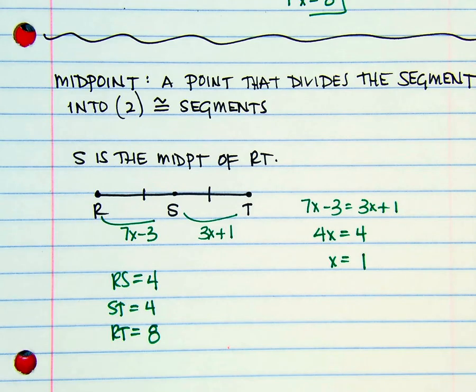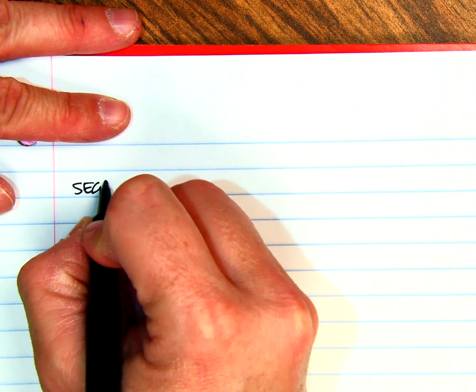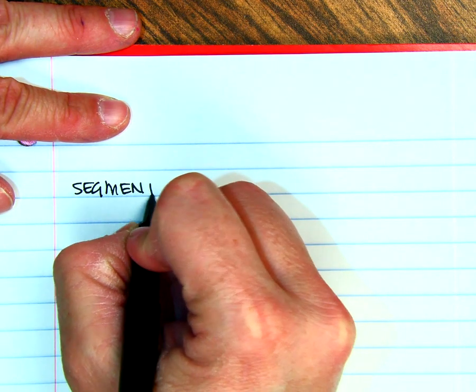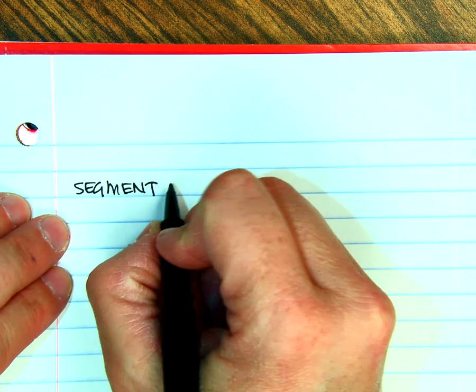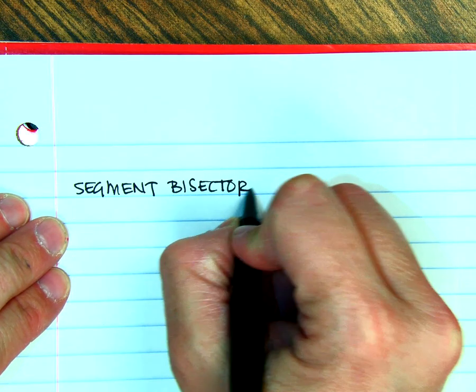There's another way of looking at midpoint, and that is with the segment bisector. We'll go on to another page. A segment bisector essentially does the same thing as a midpoint, but it's not a point necessarily. It can be other geometric figures.